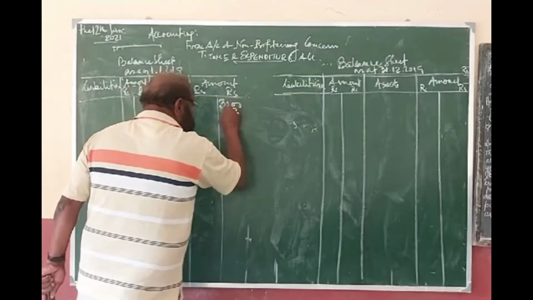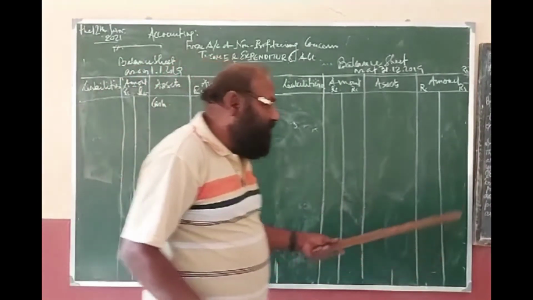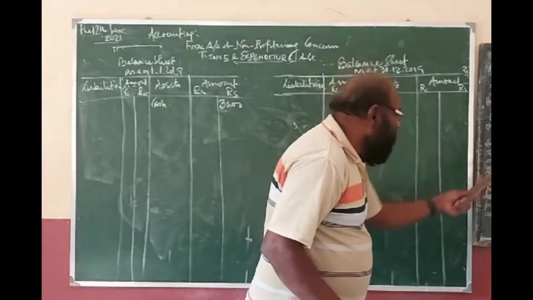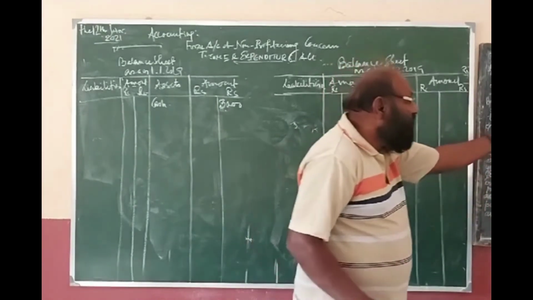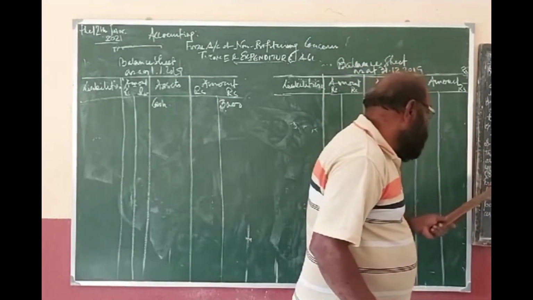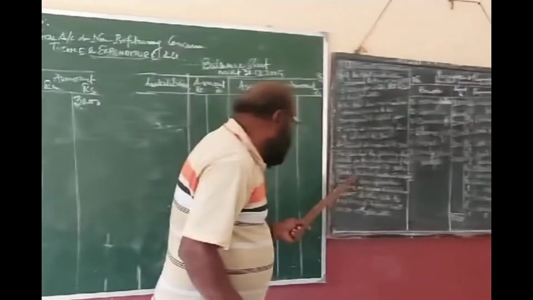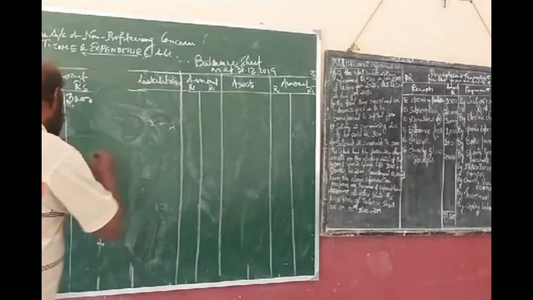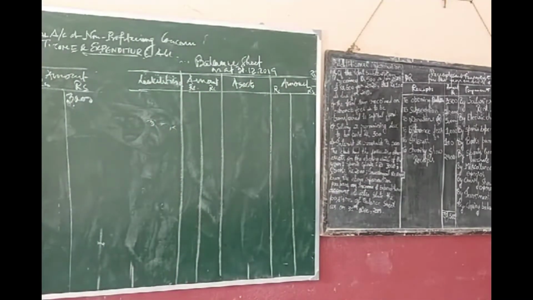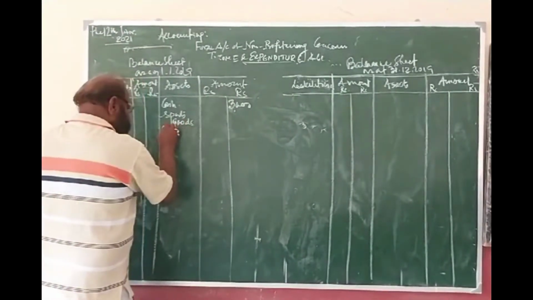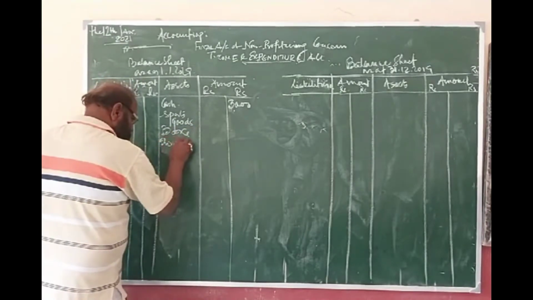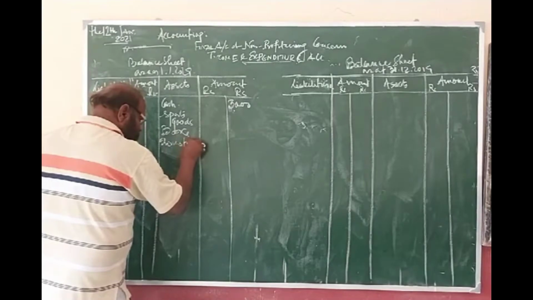Some information with regard to some assets is given. Opening assets, the club has the following other assets. Other assets means other than this. The other assets: sports goods 3,000, books 2,000 and investment 6,000. So, sports goods, books and investment.